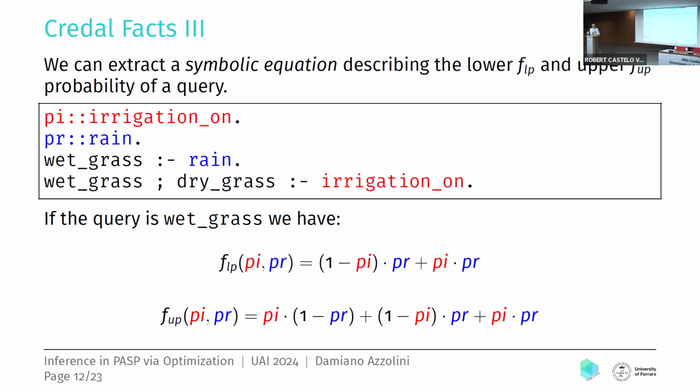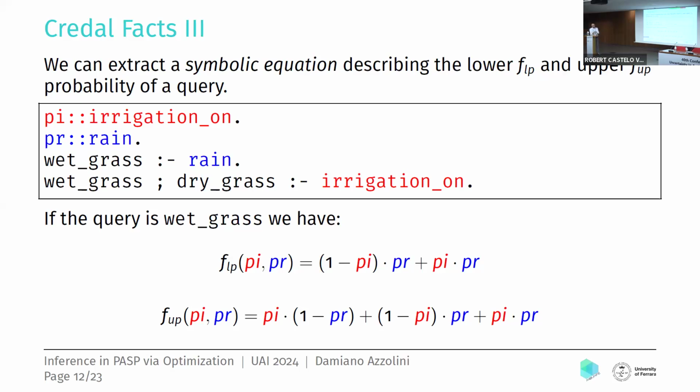If we replace PI and PR with a probability value, we get, in this case, LP, the lower probability of a query when the variable PI has value, I don't know, 0.2, and the variable PR has value, I don't know, 0.3. So this is a general formula, extracted from the program, that describes the computation of the probability. We have two functions describing the probability of a query, one for the lower probability and one for the upper.